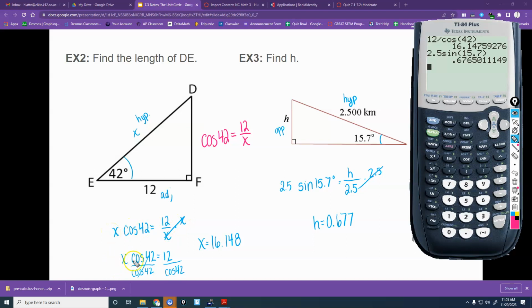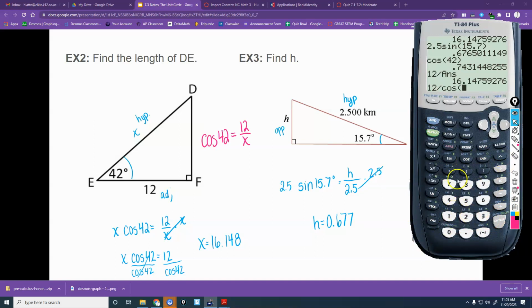That will give you x cosine 42 equals 12. And then cosine 42 is just a decimal. If you type in cosine 42, you get 0.74314. So you're just dividing both sides by cosine 42. You could do 12 divided by that decimal, or you could write it as 12 divided by cosine 42. That's the way that I did it, and it gives you the answer for that.